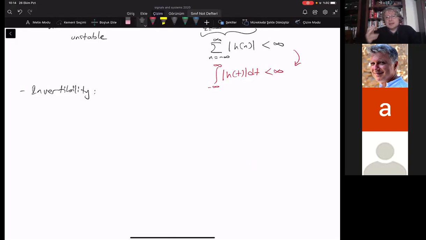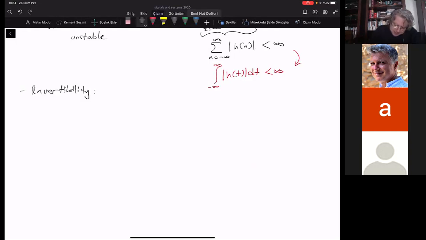You will still need some further knowledge, like the Fourier transform or the Laplace transform, which we will see. But until now, invertibility is still unresolved. If you can find the inverse system, it still means it's invertible. And the only examples that I can give you at this point are inverses of some trivial systems.